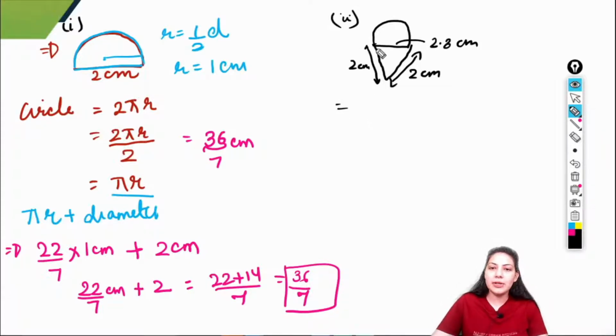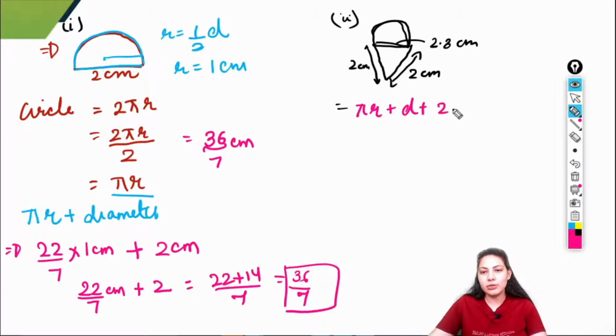Now again the similar process, what we will do is we will add this 2 plus the boundary of this. So this is the semicircle which we did here, that is pi r plus d. So what we have to do over here again, we will add pi r plus this length, 2 centimeter plus 2 centimeter, which will give us the boundary of this whole ice cream, or we can say this whole food piece shape.